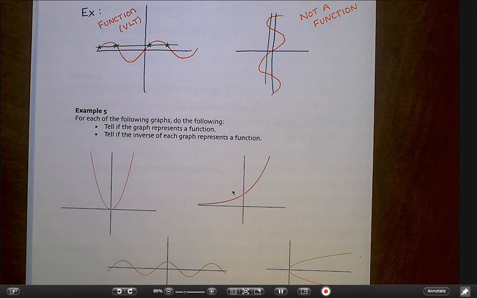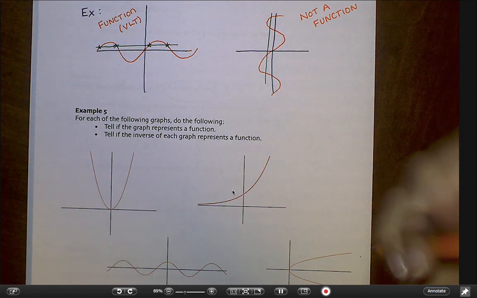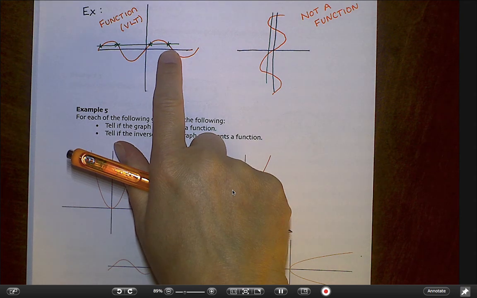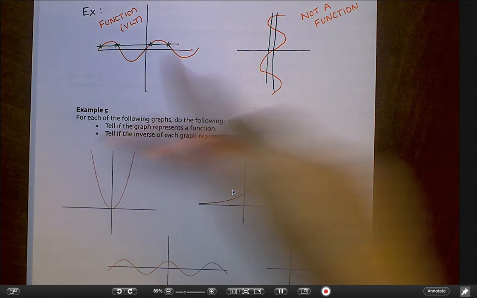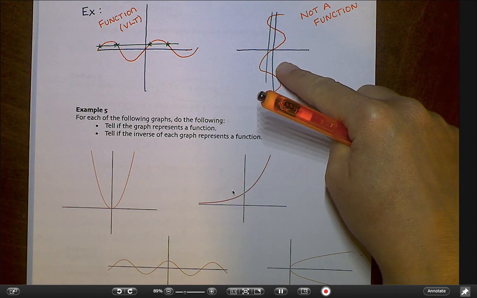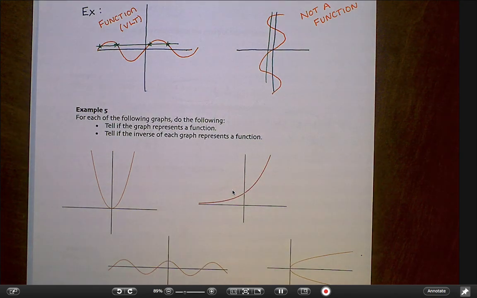But if I were to give you something and say, is this thing a function, or is its inverse a function, you could justify it by saying no, because I can tell from the horizontal line test that it won't be. Or you could justify it by saying, hey, I went and drew the inverse and it fails the vertical line test. The thing you have to look out for is you have to be really specific about which test you're using on which graph.